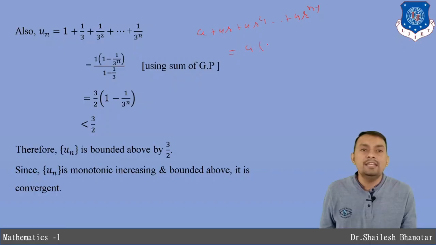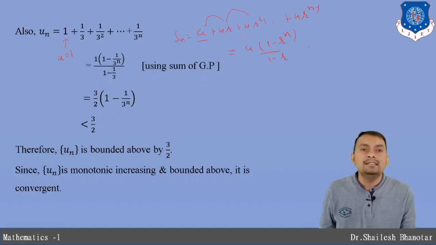So in that case it is a into 1 minus r raised to n divided by 1 minus r, and we all know that this is exactly our partial sum Sn, which we already did in our schooling. So we have to compare with this. The first term is going to be our a, and r is the ratio: second term divided by first, third term divided by second.